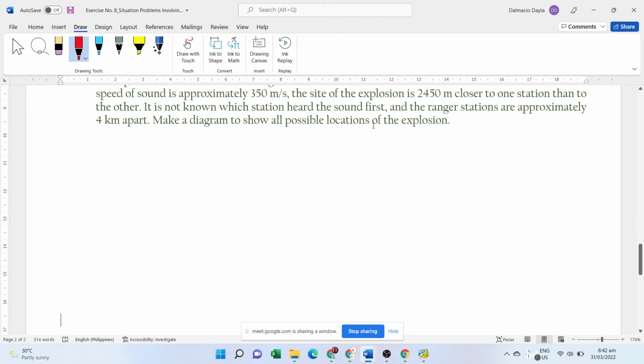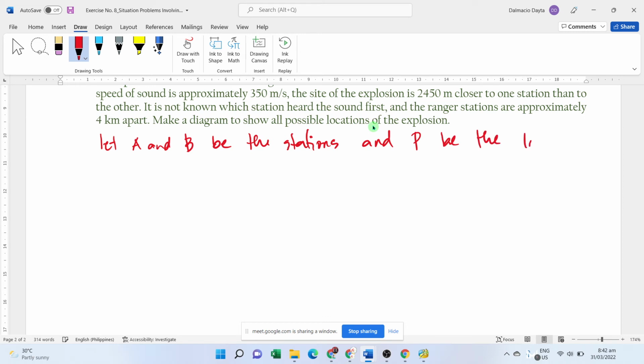And of course, let A and B be the stations, and let C be the location of the explosion.